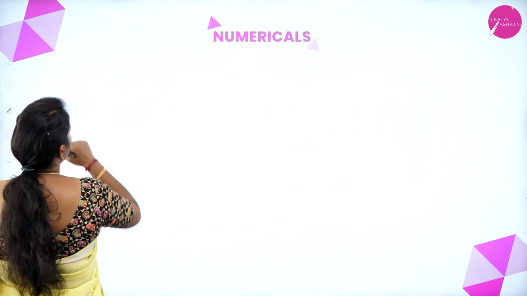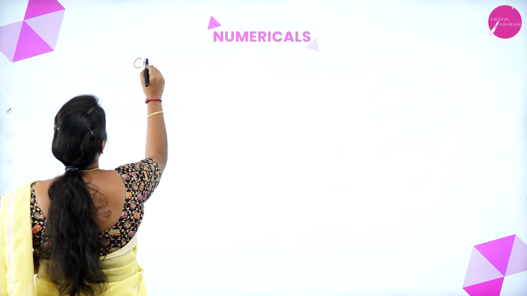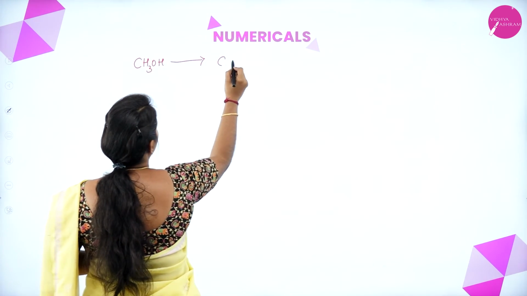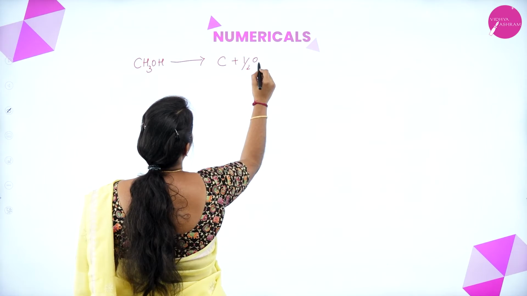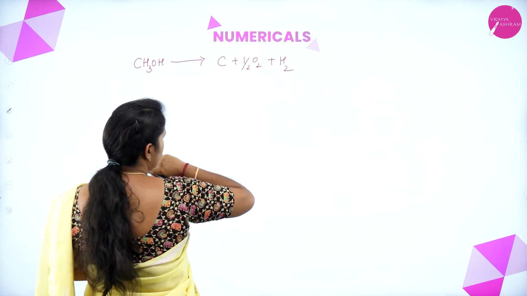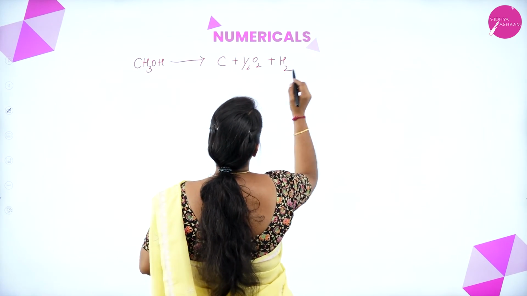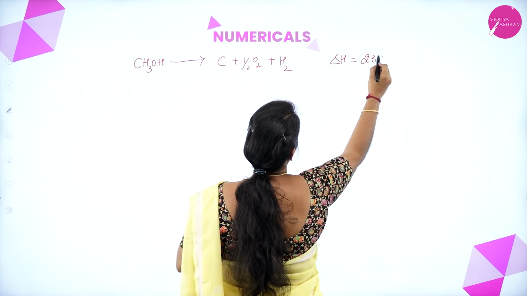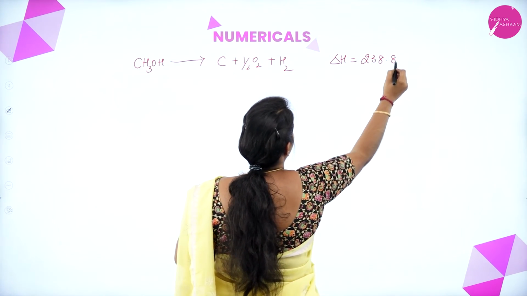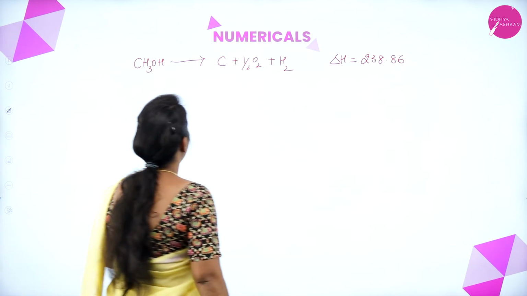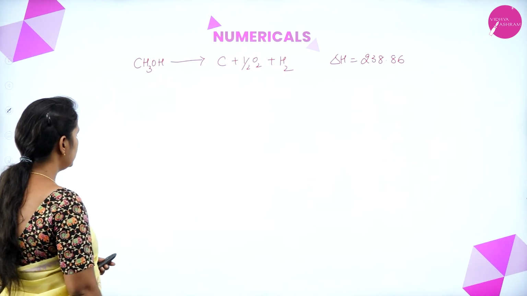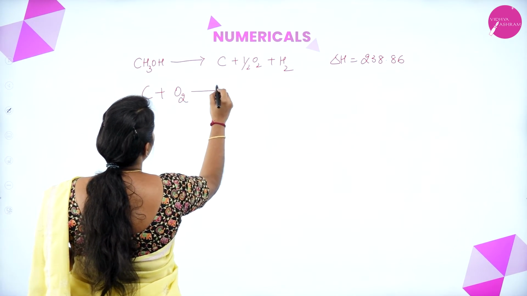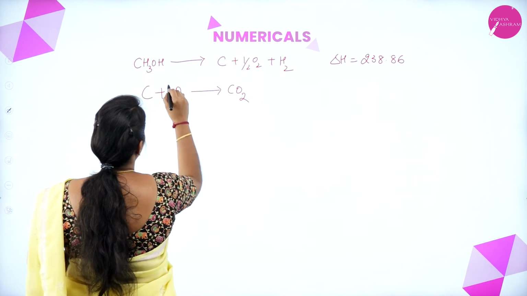That is, methyl alcohol is giving rise to carbon plus half O2 plus hydrogen. The delta value we have is minus, it will become plus 238.86 kilojoules.